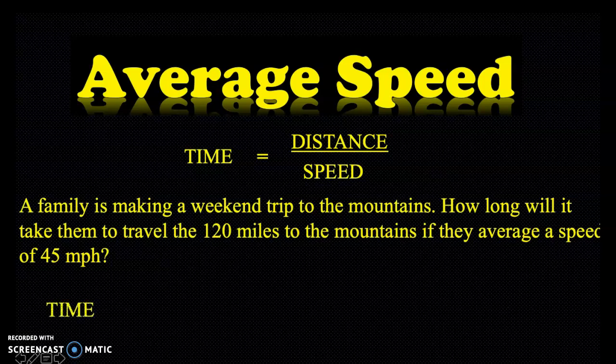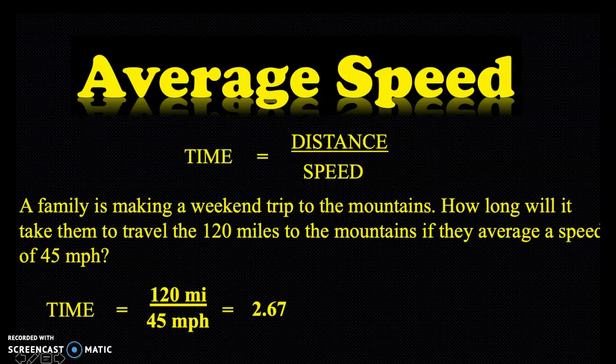So I set up, show my work. I'm going to take the distance of 120 miles and divide that by 45 miles per hour. When I do the math, I'm going to get 2.67. Now, here's something very important that you need to understand. Units work just like numbers. So I have miles over miles per hour. You have to think about your units as numbers.